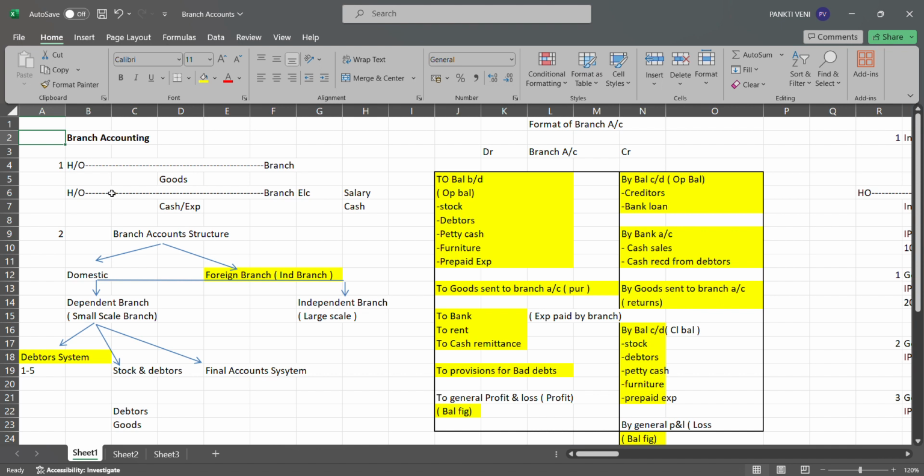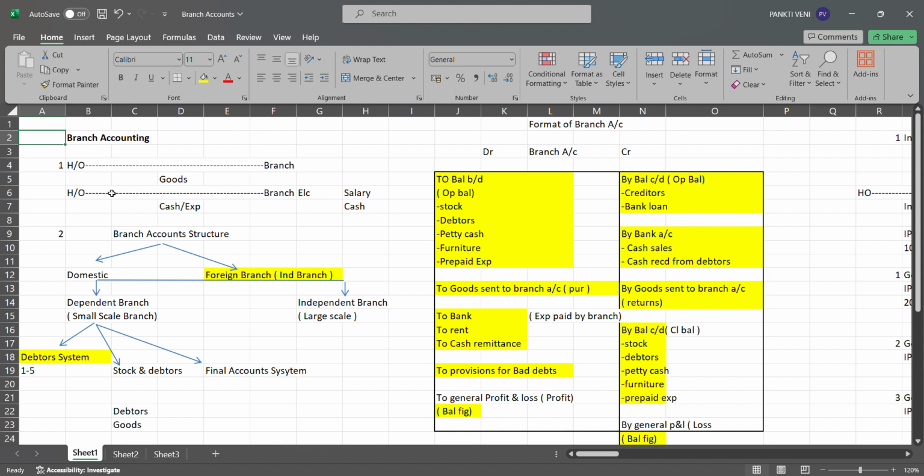Head office to branch: the head office is sending goods to the branch. The head office is sending cash for different expenses, any raw material, any cash for reimbursement of expenses. Such things are sent by the head office to the respective branch. So we'll record those two things in our sums.